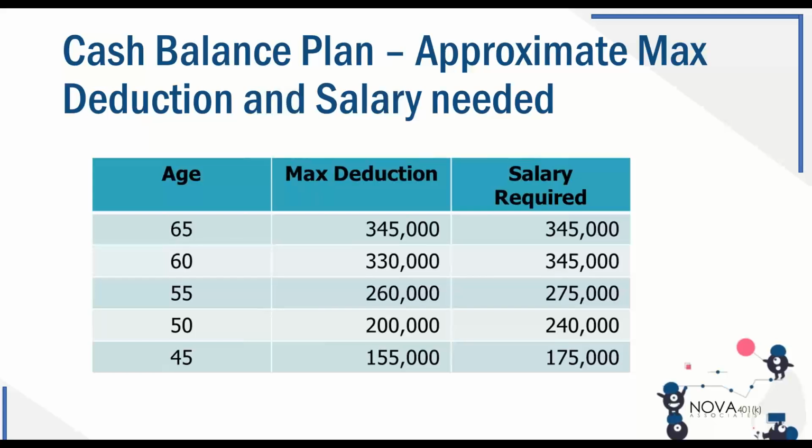Now they do need the salary to support this. The 415 limit is a combination of that $275,000 limit and it is partially based on the owner's compensation. And so they do need the high level of salaries to support this maximum deduction. We often get asked what salary is needed because some employers actually have control over their salary, between profits and salary and what comes out in the W-2.